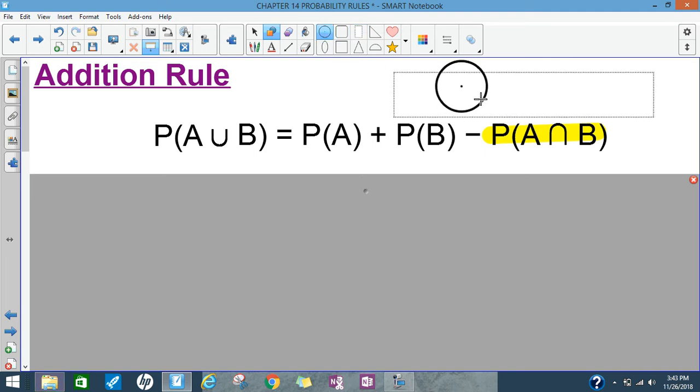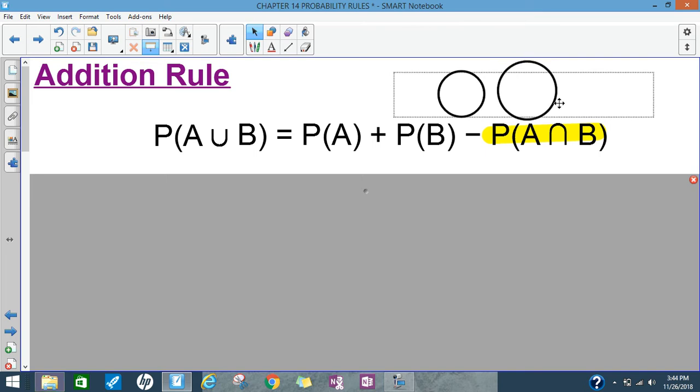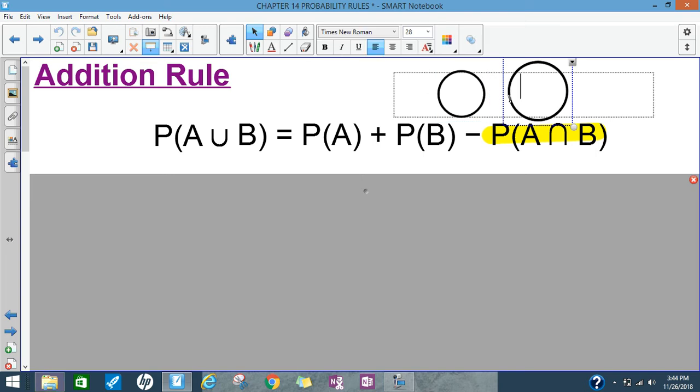When two events are mutually exclusive, they don't touch. So if this circle represents event A and this circle represents event B, they're not overlapping, and so they can't happen at the same time. They don't have anything in common.